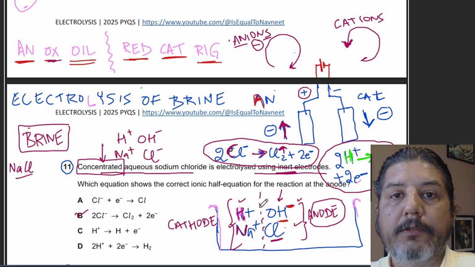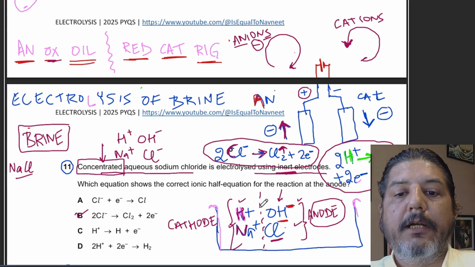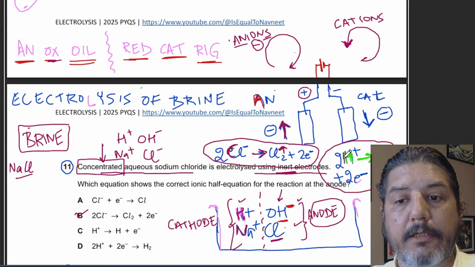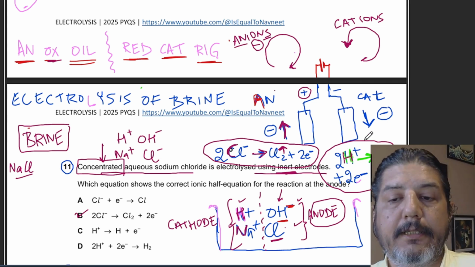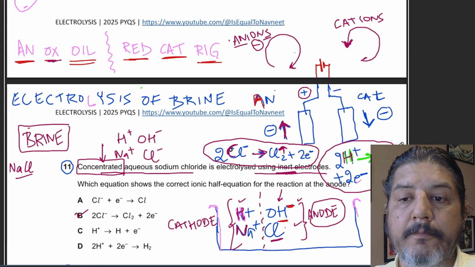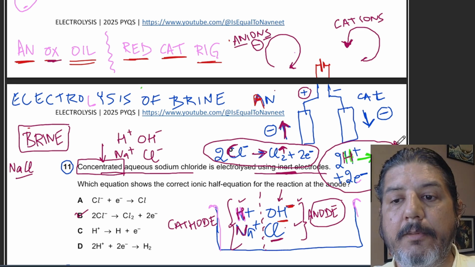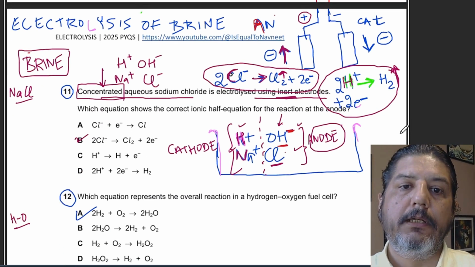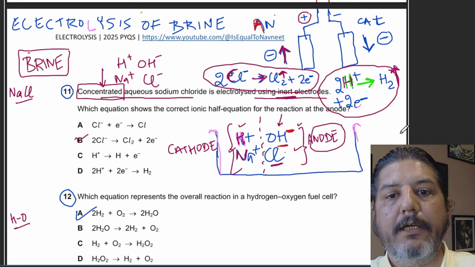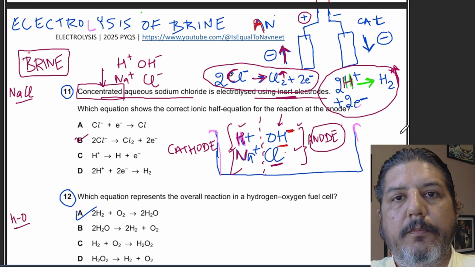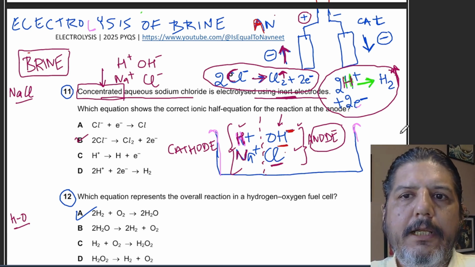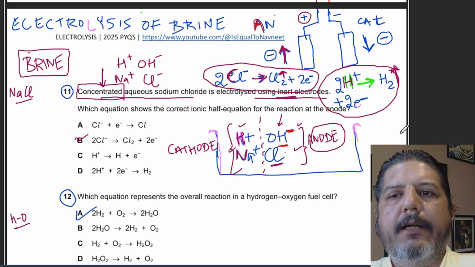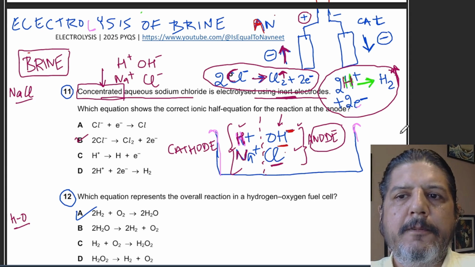Remember that though the concentration of Na is more, it is the hydrogen ion which gets discharged, and H2 is liberated. Remember that in concentrated aqueous NaCl electrolysis, chlorine is discharged on the anode side, and hydrogen is discharged at the cathode side.